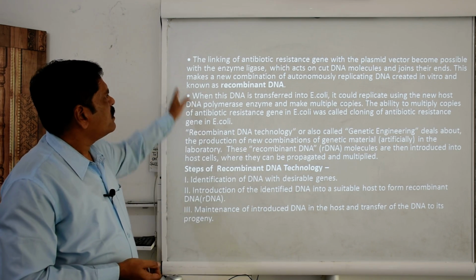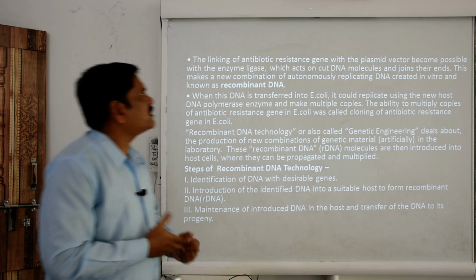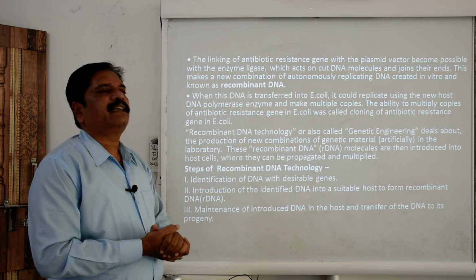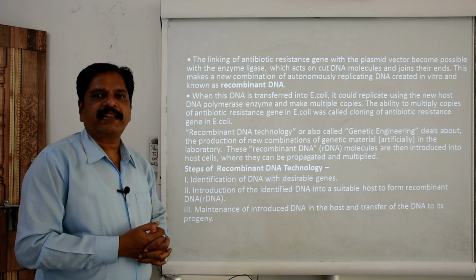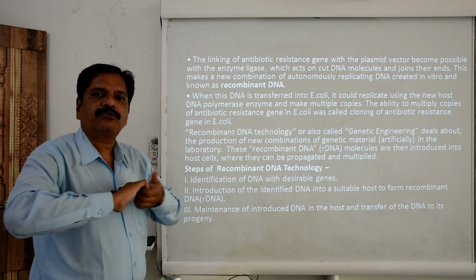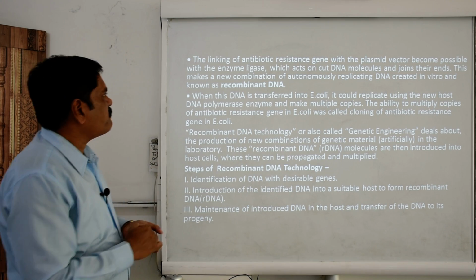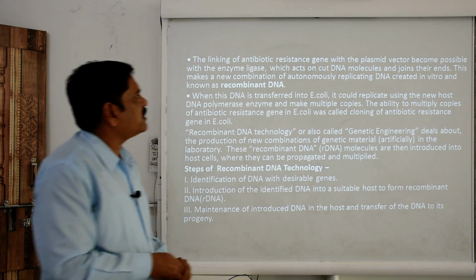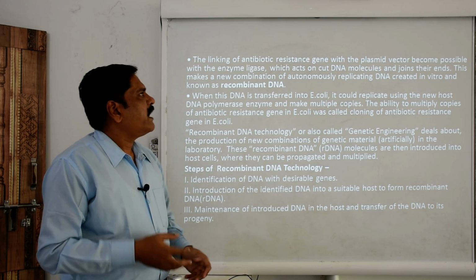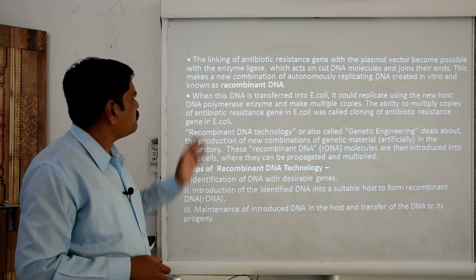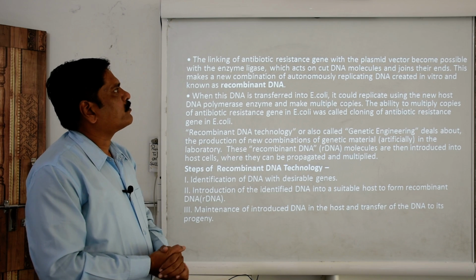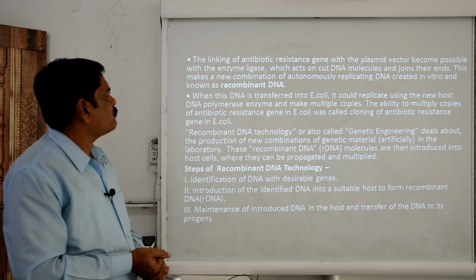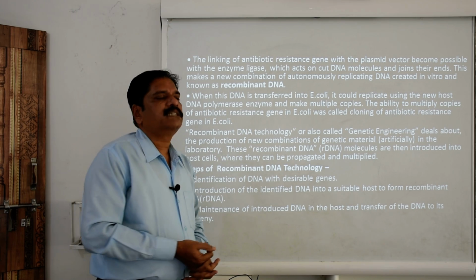Now, the linking of the antibiotic resistant gene with the plasmid vector became possible with the enzyme ligase. It is also called the adhesive, which is responsible for joining two segments of DNA. It is also called DNA ligase, which acts on the cut DNA molecule and joins their ends, and this makes a new recombination of autonomously replicating DNA created in vitro, known as recombinant DNA.